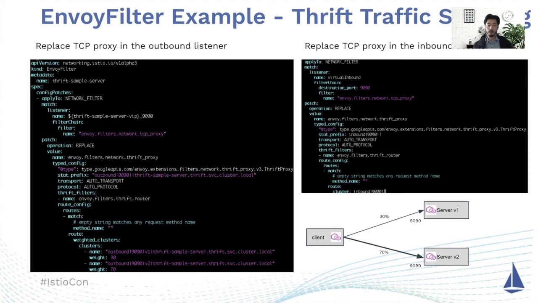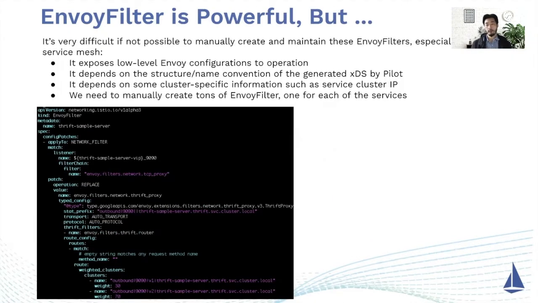The inside structure of this Swift proxy is simpler here because we don't need any routing policy or special configuration on the server side. So as you can see, we could use an Envoy filter that takes the output configuration of Istio to replace the default TCP proxy with our correctly configured Swift proxy.